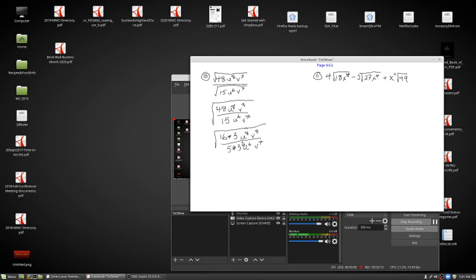Okay. Obviously the 3's are going to cancel out. U to the 6th goes into u to the 8th, u squared times. So that'll get rid of the u in the denominator. And likewise, v cubed goes into v to the 7th, v to the 4th times.